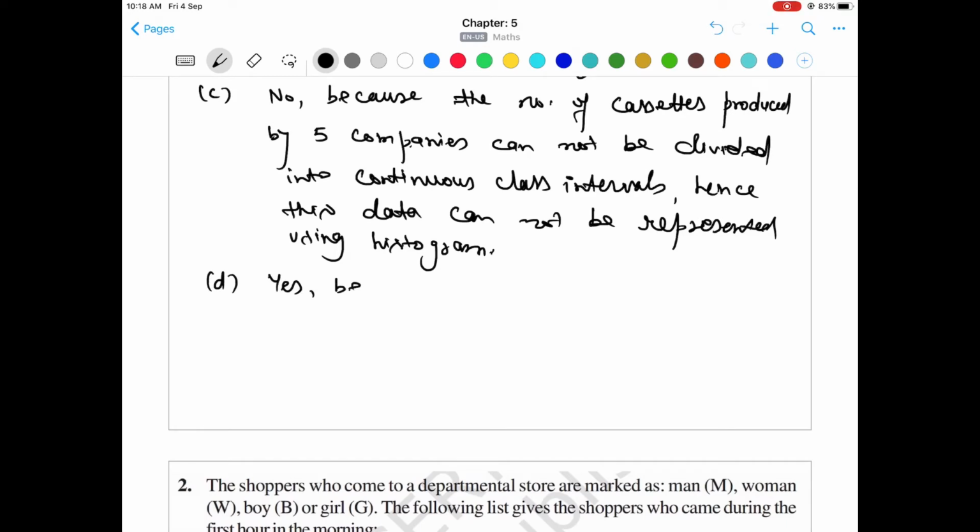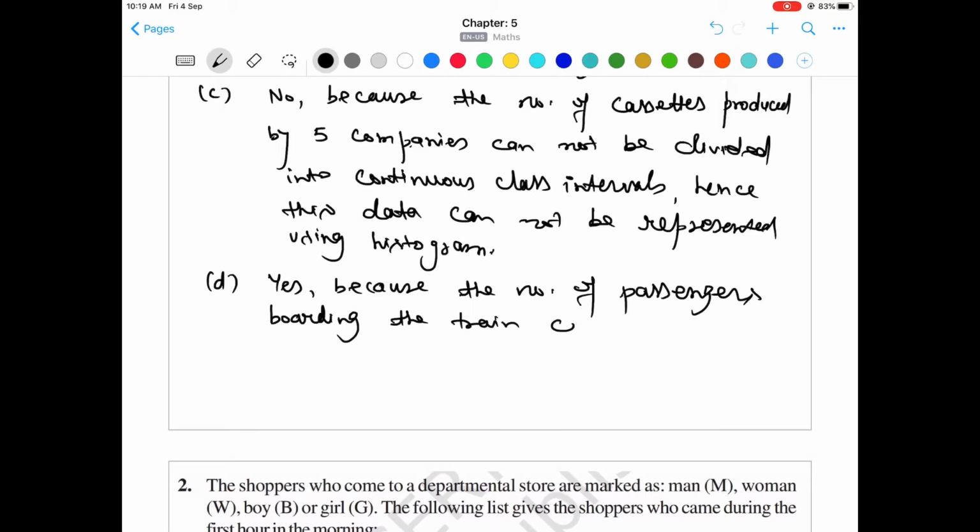Yes, because the number of passengers boarding the train can be divided into continuous class intervals.